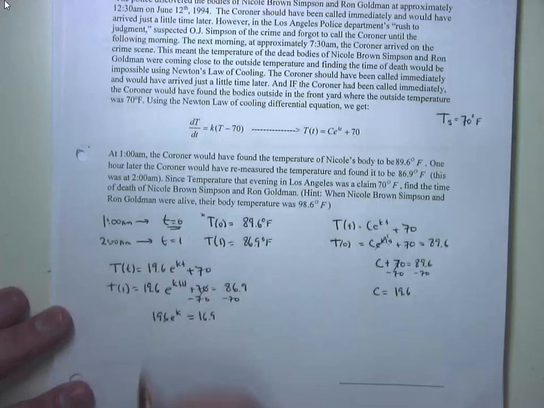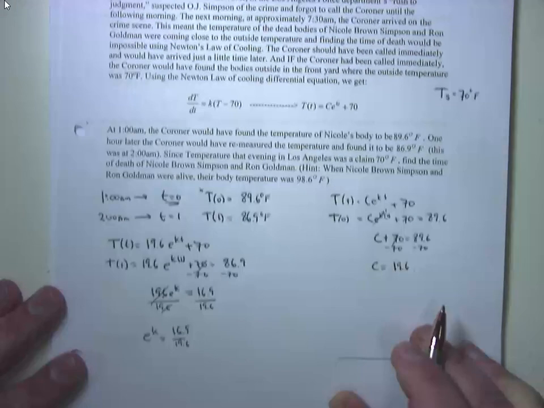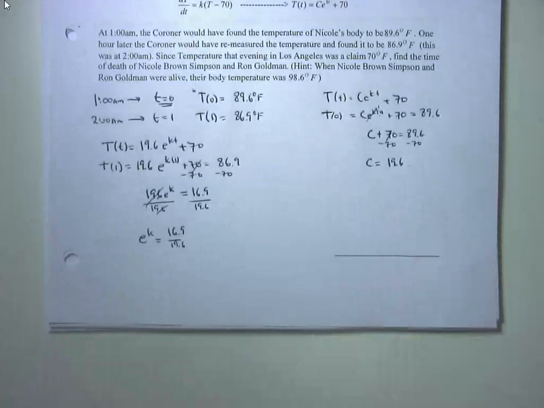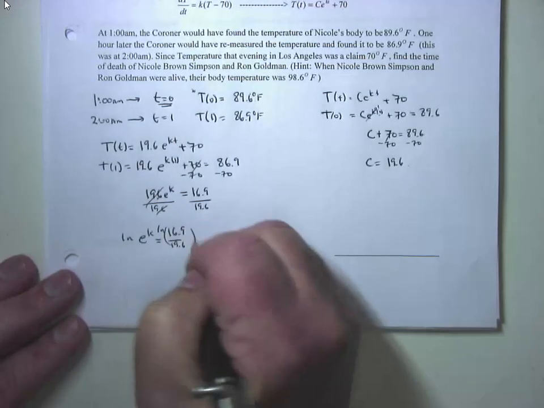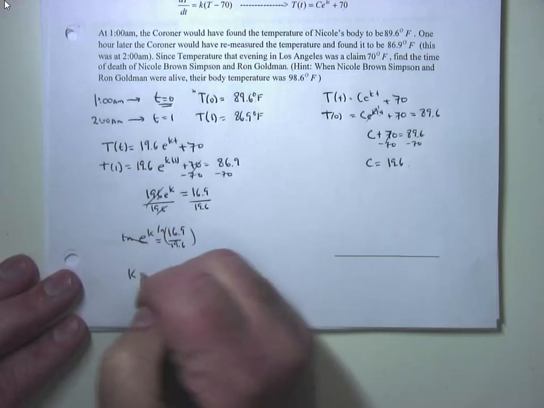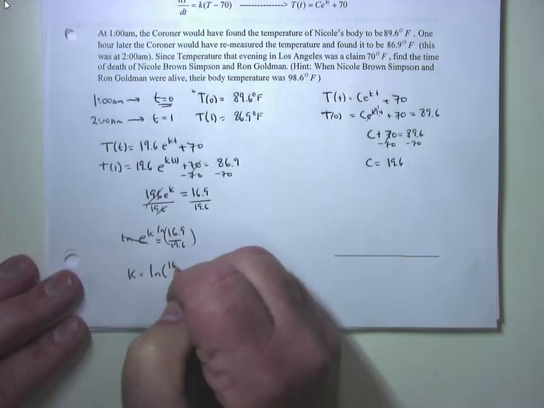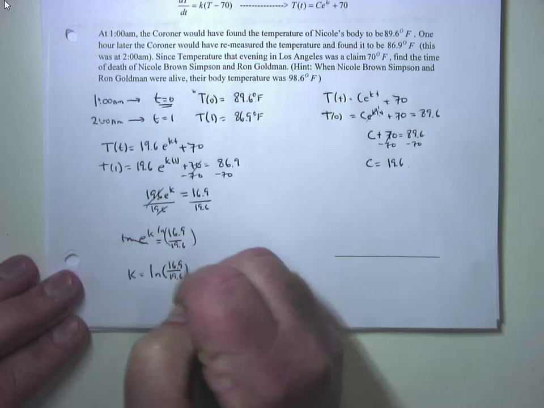Agreed? I'm going to divide by 19.6 on both sides. So e to the k is equal to 16.9 divided by 19.6. Now to solve for k, what do I have to do? Take natural log both sides. So k is equal to the natural log of 16.9 divided by 19.6.